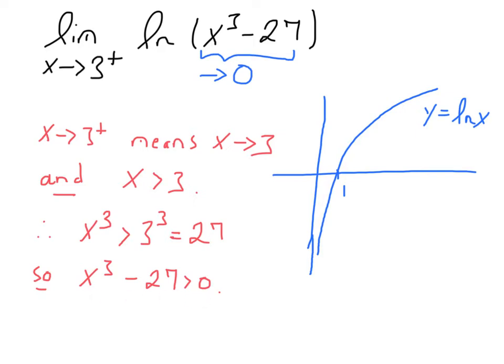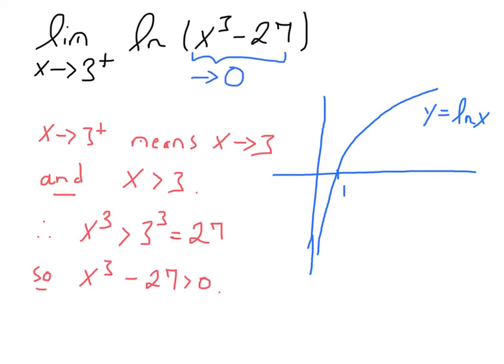So that means that for all x's that we're considering here, this x cubed minus 27 is bigger than 0, so we can say that this is actually tending to 0 from the right. All right, so finally then, for all x's that we're considering when we take this limit, this argument in here is going to be a number which is very, very close to 0 and also positive.